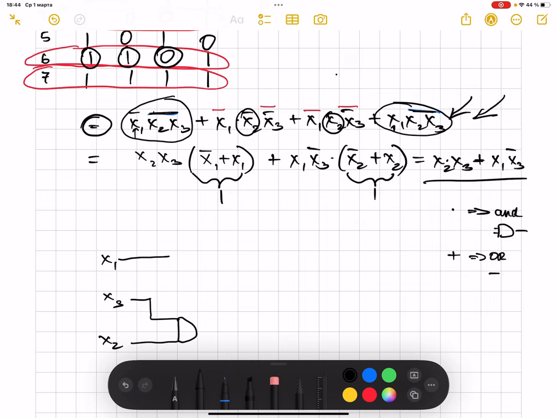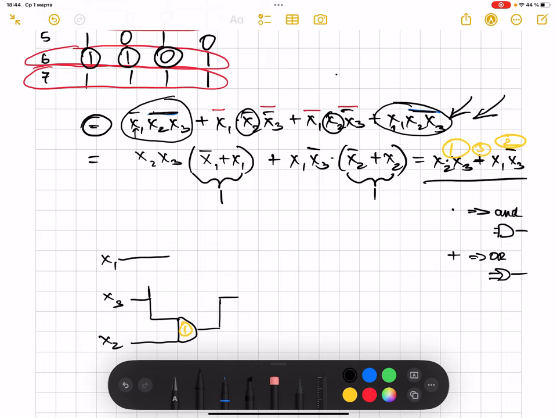So this is going to be this operator. Let's say this is the first operator, and this is the third operator, right?